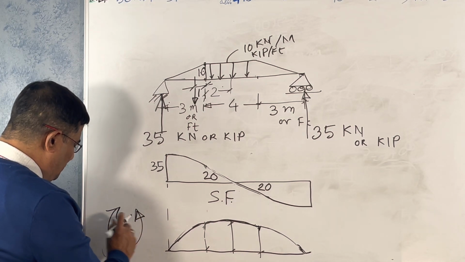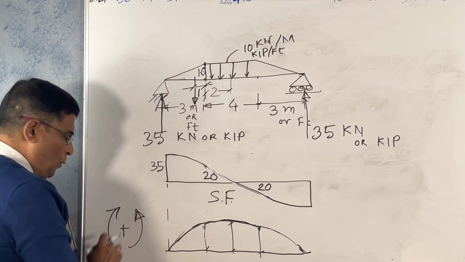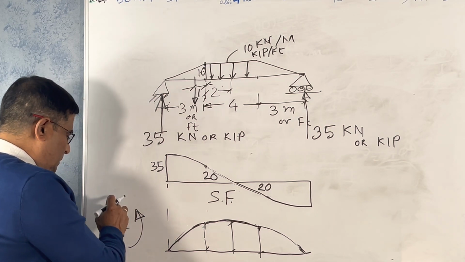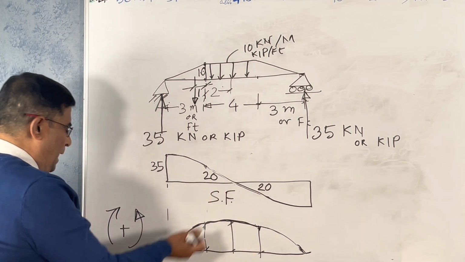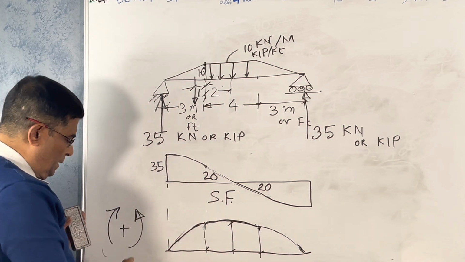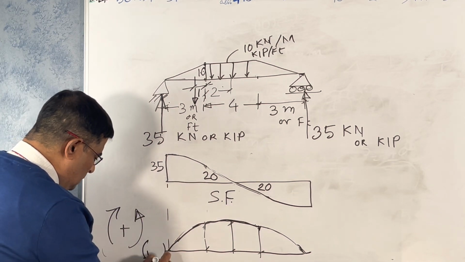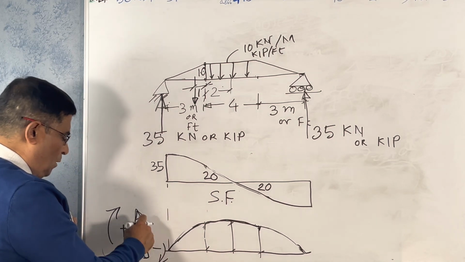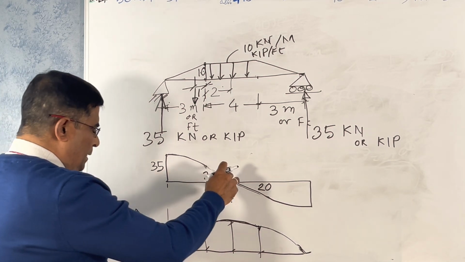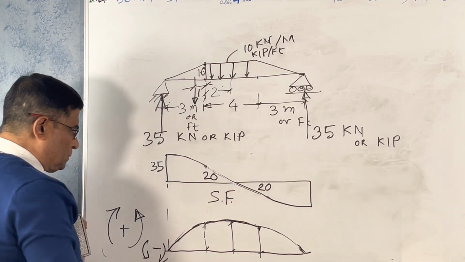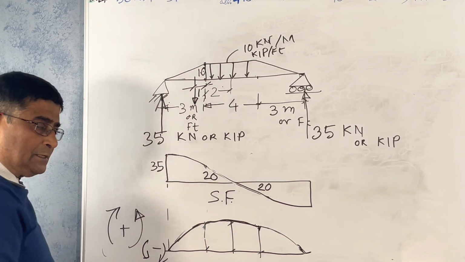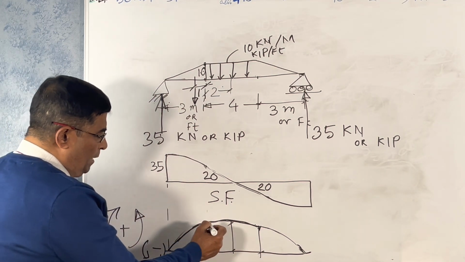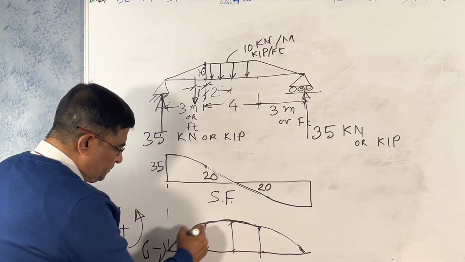If you consider from the left, clockwise is positive, anti-clockwise is negative. From the right side, anti-clockwise is positive and clockwise is negative. So just reverse.